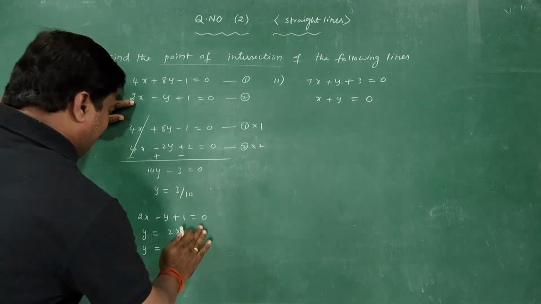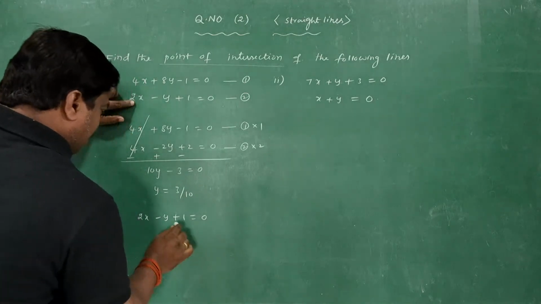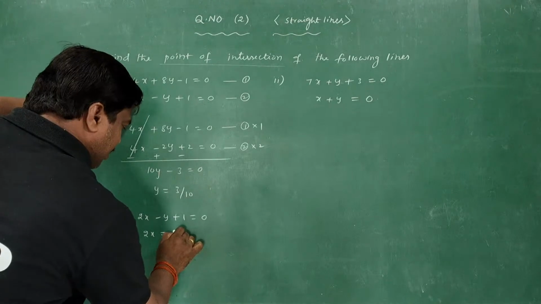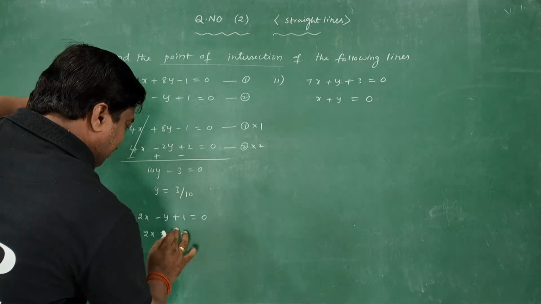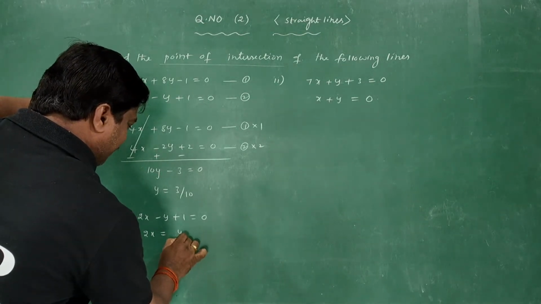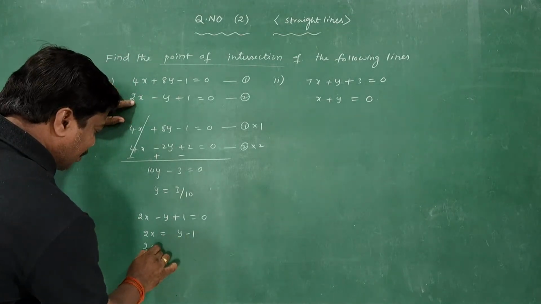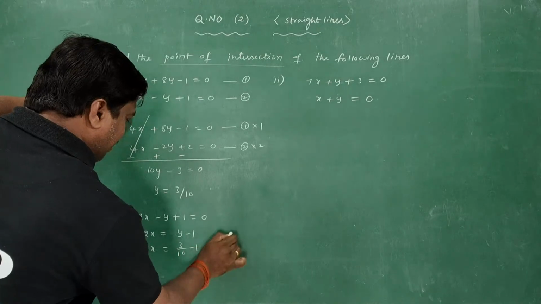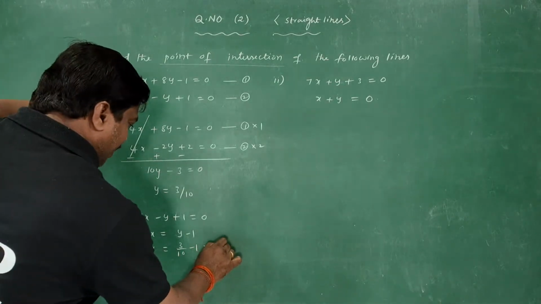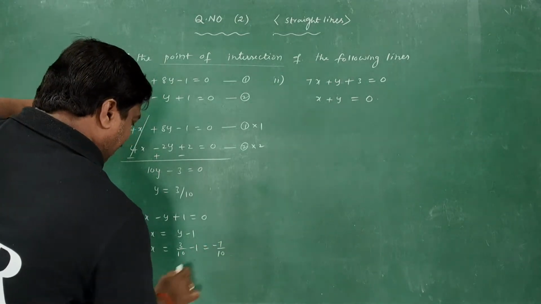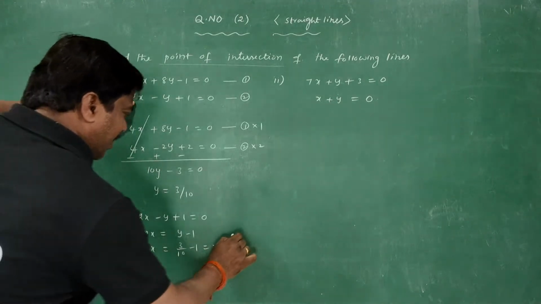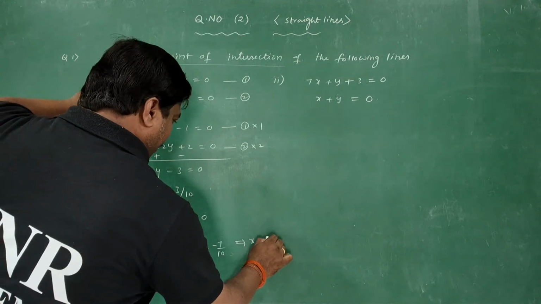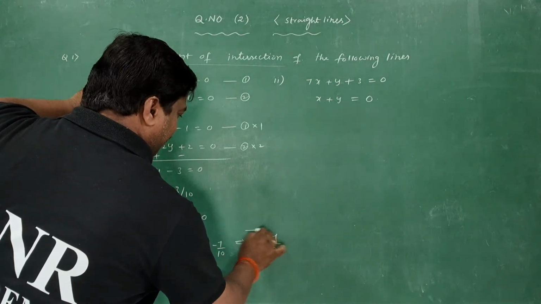You know the value of y, so 2x is y minus 1, that is 2x equal to 3 by 10 minus 1, nothing but minus 7 by 10, and that implies the value of x is minus 7 divided by 20.